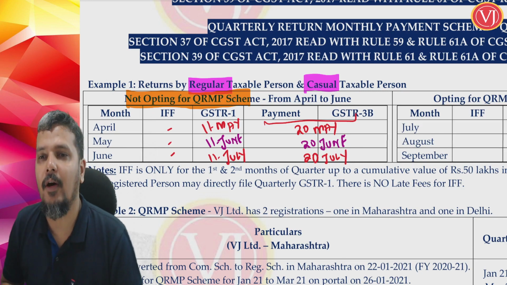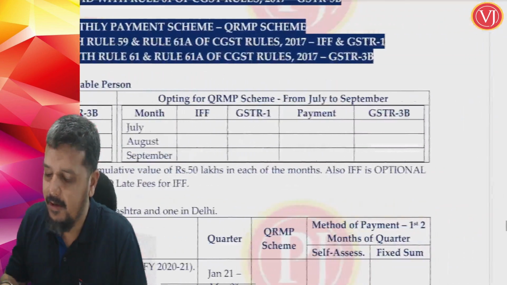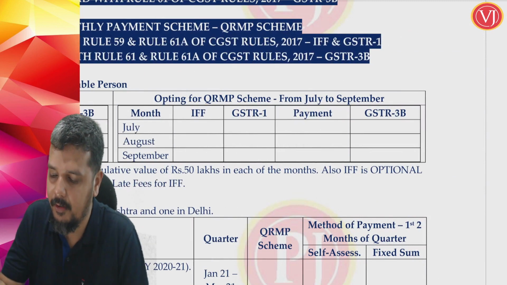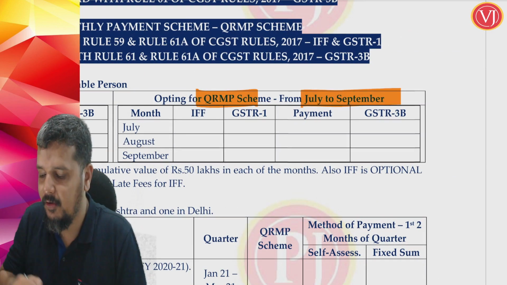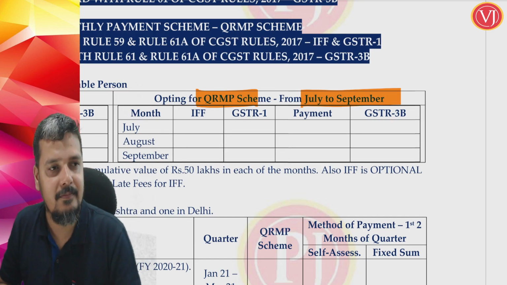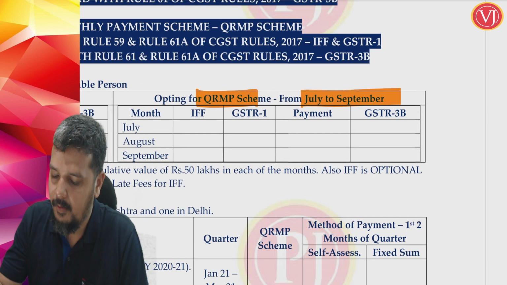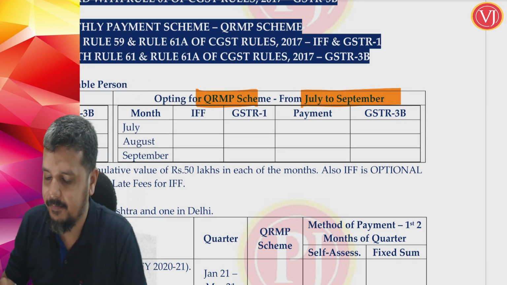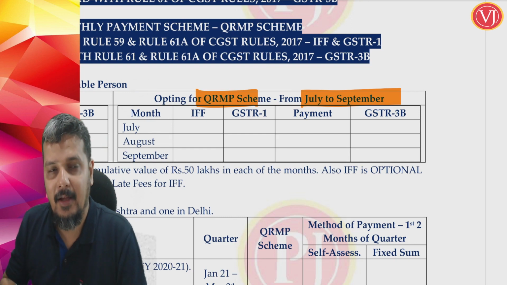For those who are going for QRMP scheme, things are a bit different. Supposing you are under QRMP scheme from July to September. Now, July month, what will happen? That will be IFF.